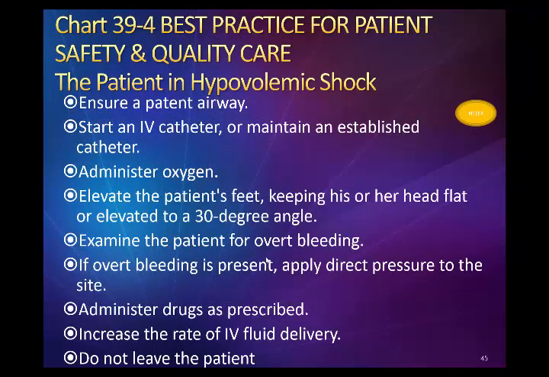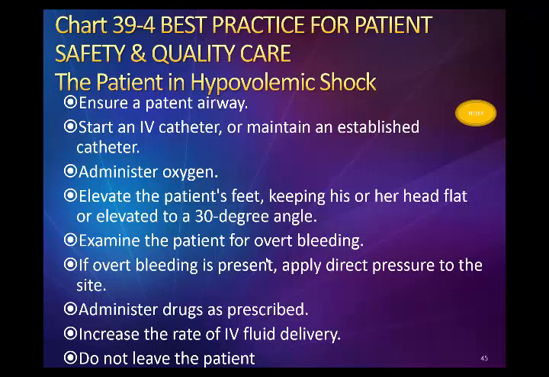So this is a chart that identifies for you best practice related to hypovolemic shock. Researchers have found that the best way to treat hypovolemic shock is to make sure that you have a patent airway, get IV started with fluid, administer oxygen. We don't place the patient in a Trendelenburg position anymore.